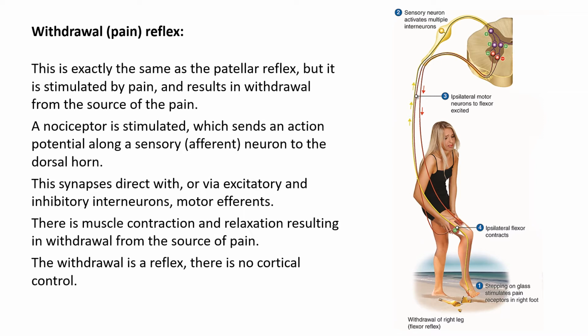However, you will have already done the jerk, because that's much quicker, because it doesn't have to go all the way up to your brain to be interpreted. And the same with the pain reflex or the withdrawal reflex. The withdrawal is going to happen before you realise that you have pain.